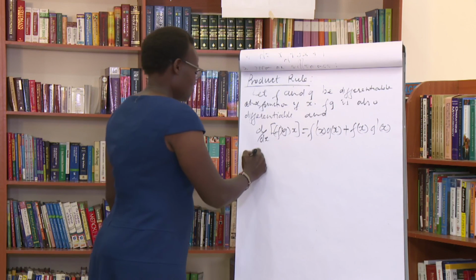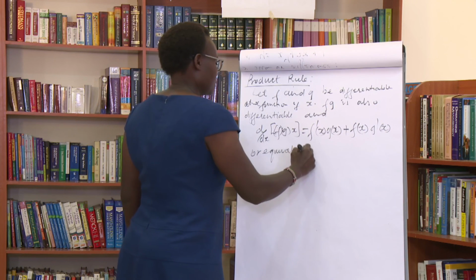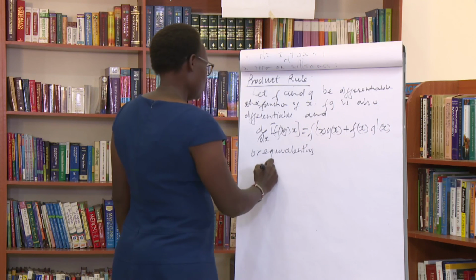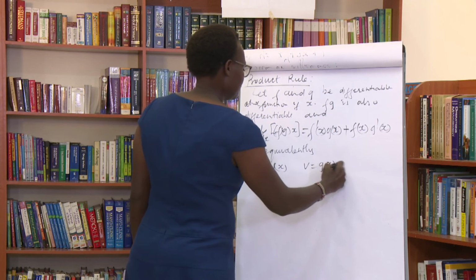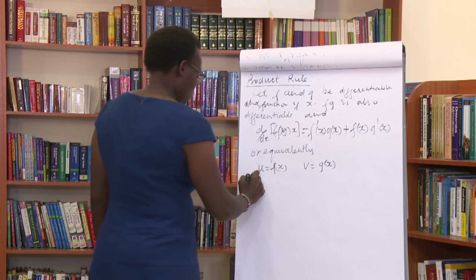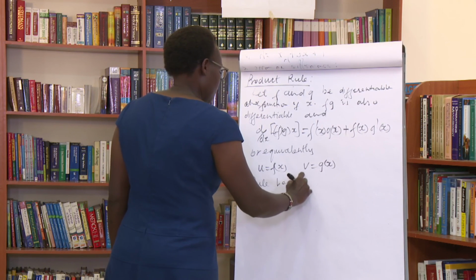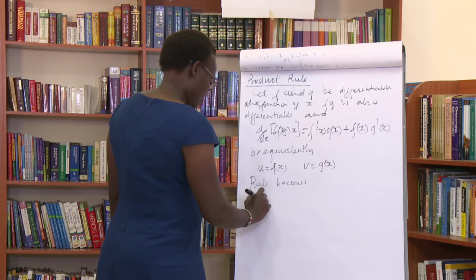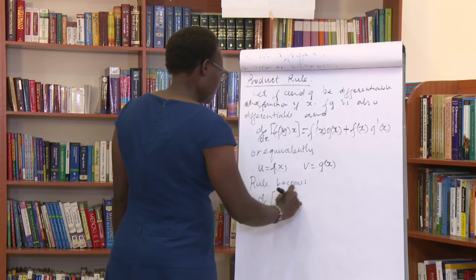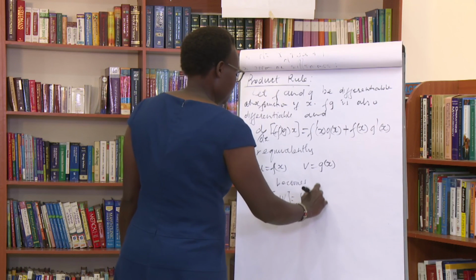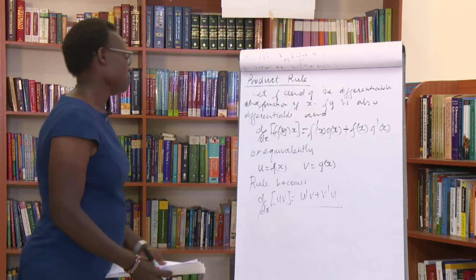Equivalently, if you have u as your f of x and v as your g of x, the rule becomes: the derivative of the product uv will be u bar v plus v bar u.